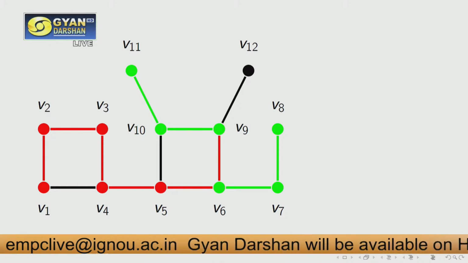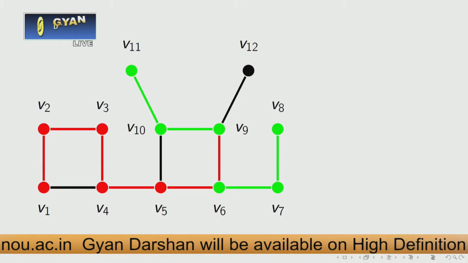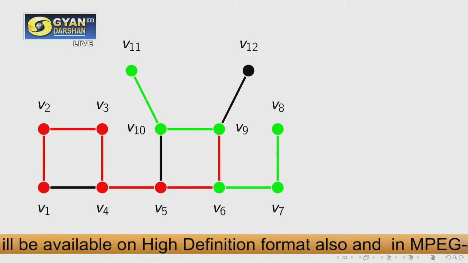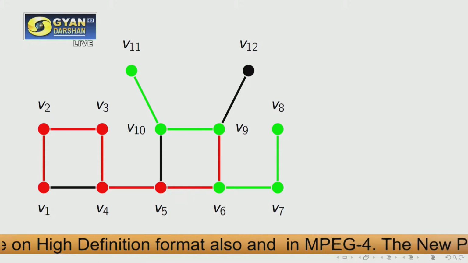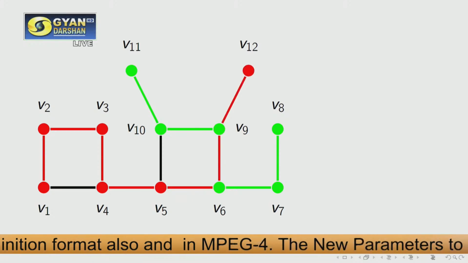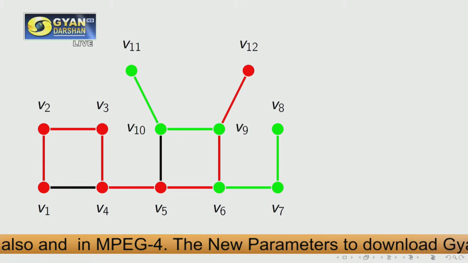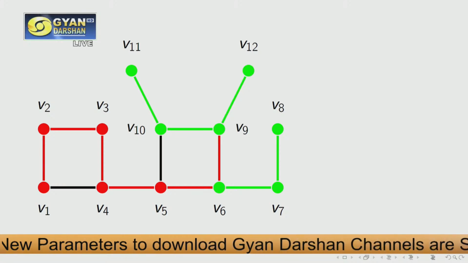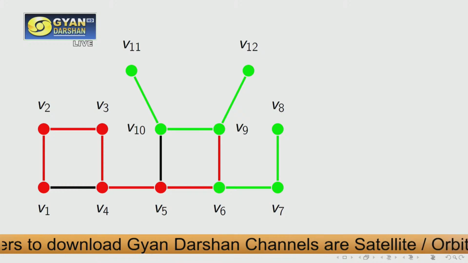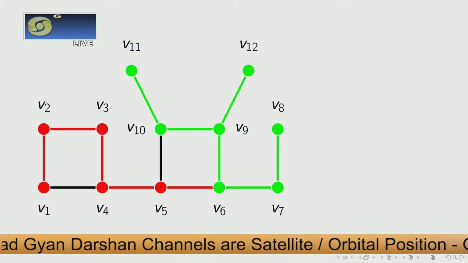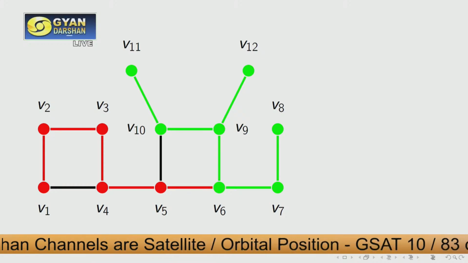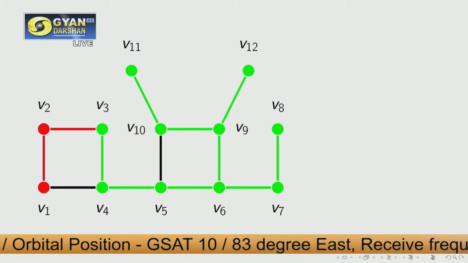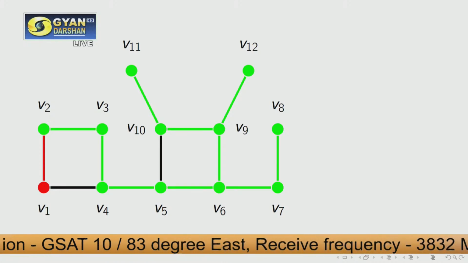So moving backward is always possible only through the same edge. And then from V9 we can move still further to V12. Again from V12 we cannot move further, so we backtrack to V9. We have visited all the neighbors of V9, and then we backtrack to V6 again, and then V6 to V5, and V5 to V4, and then V3, V2 and V1.